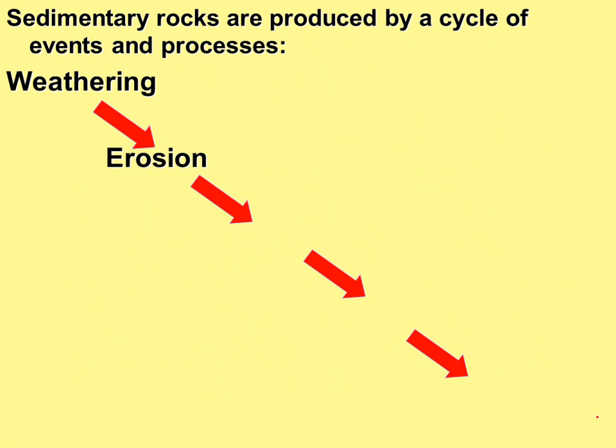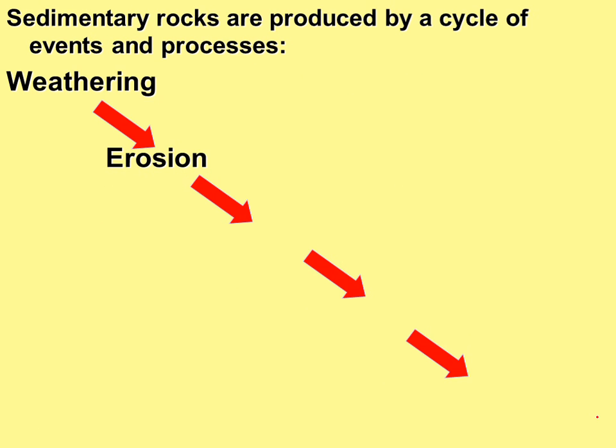Erosion then is the process by which the particles, the particulate solid material, are entrained or picked up by some current. The current could be a wind current or a water current in a stream or river.